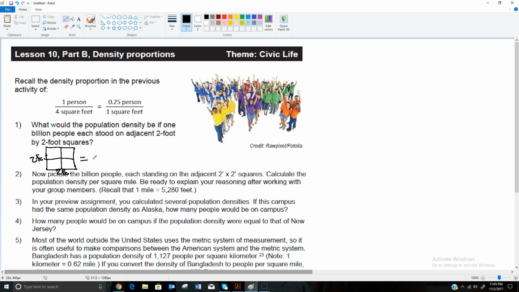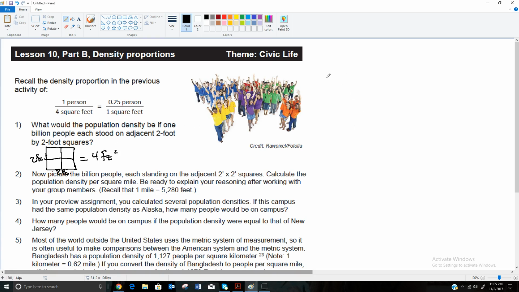Well, first of all, this is not 2 square feet. This is 2 foot by 2 foot, which gives you 4 square feet. And so each of those billion people has 4 square feet.